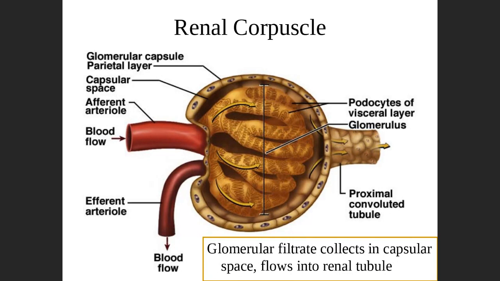One of the functions of the kidney is to get rid of or excrete nitrogenous waste. If you don't have the ability to remove this nitrogenous waste, your BUN level will be increased, and we call that azotemia.